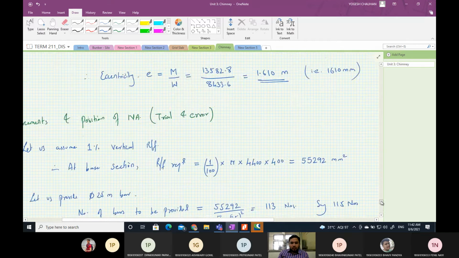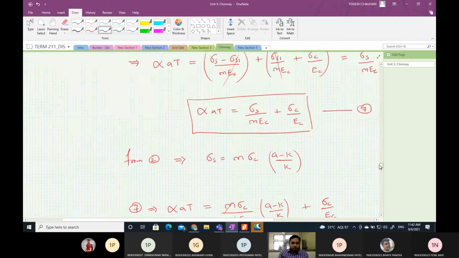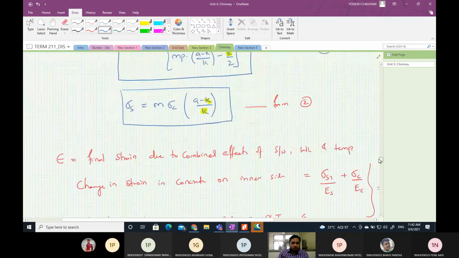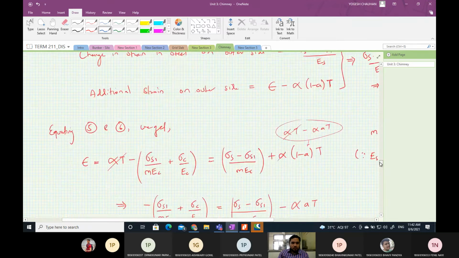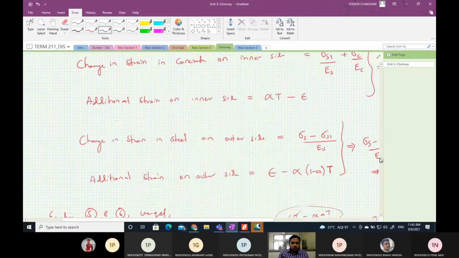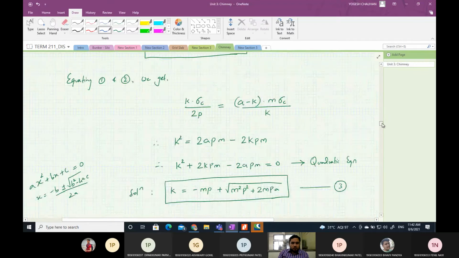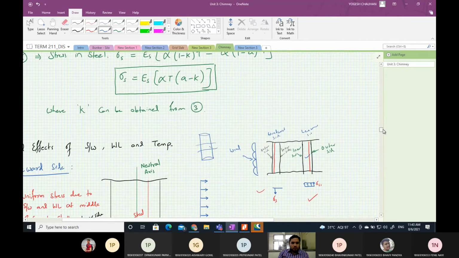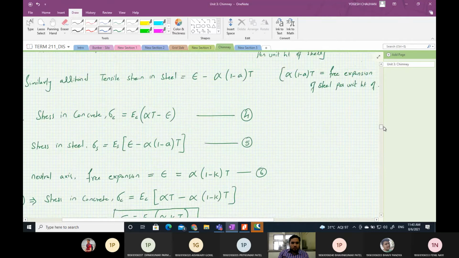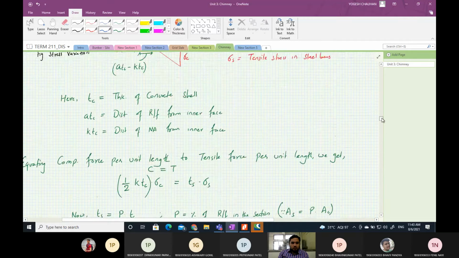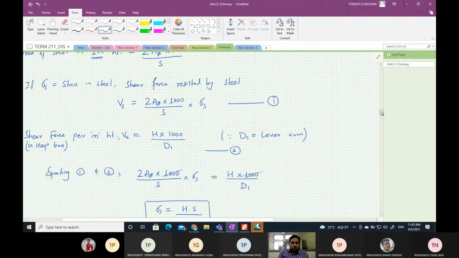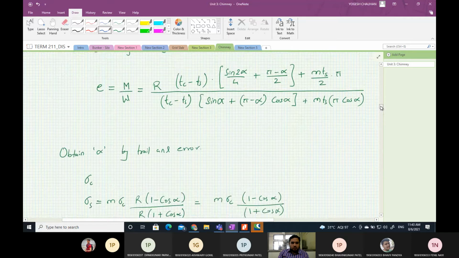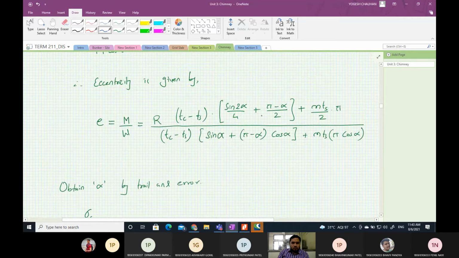So this we have derived in our theory class.